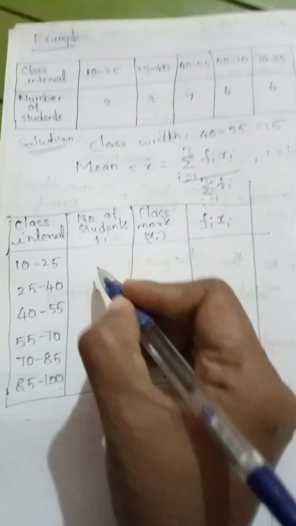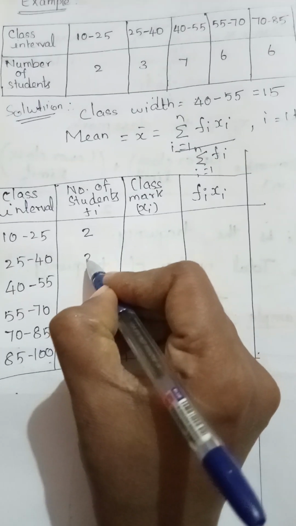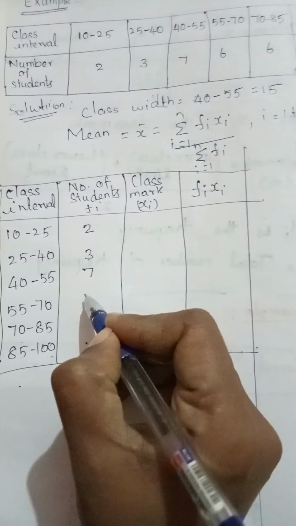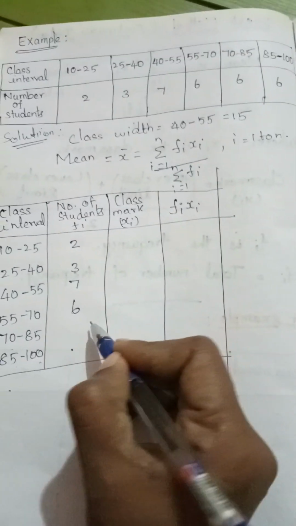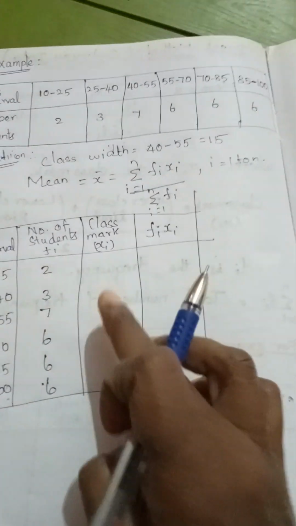Next, the number of students is 2, 3, 7, 6, 6. Next, the class mark.